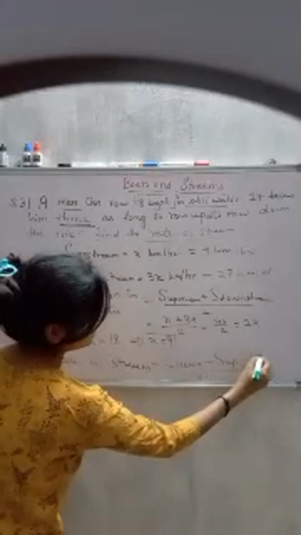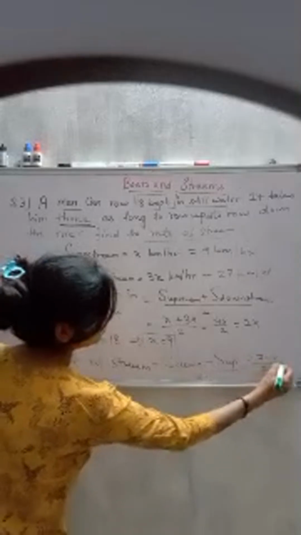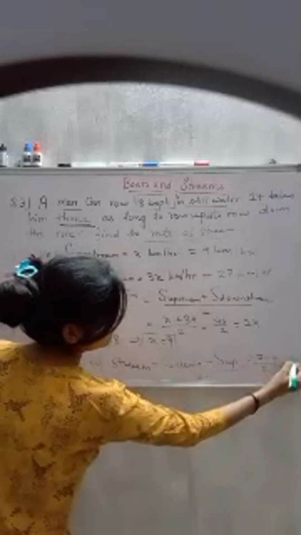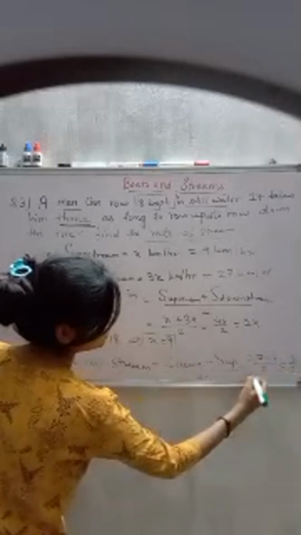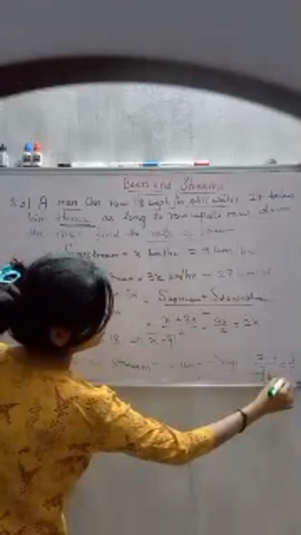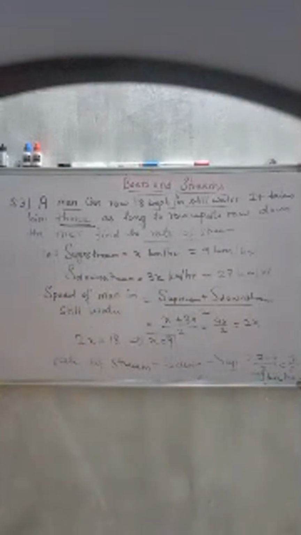Downstream is 27 minus 9 by 2. 27 minus 9 is 18. 18 by 2. That means 9 km/h is the rate of stream.